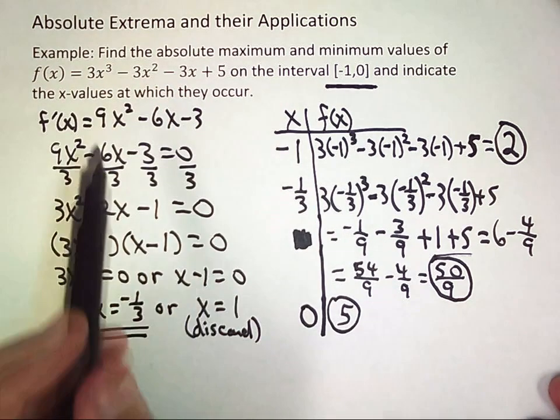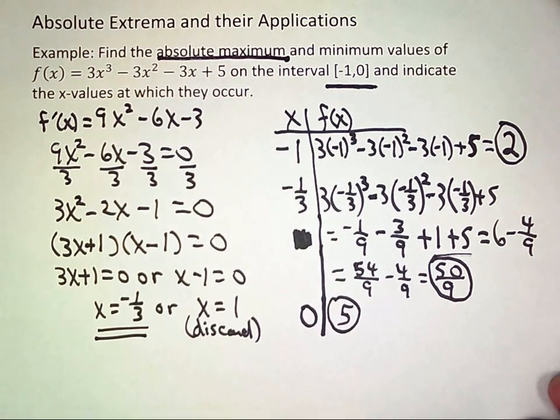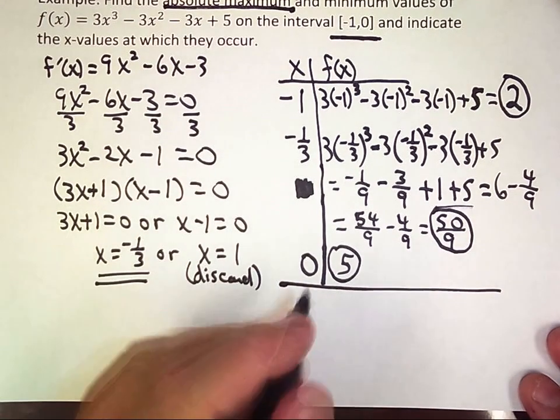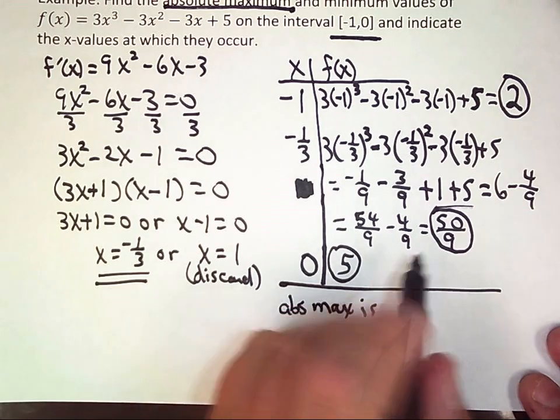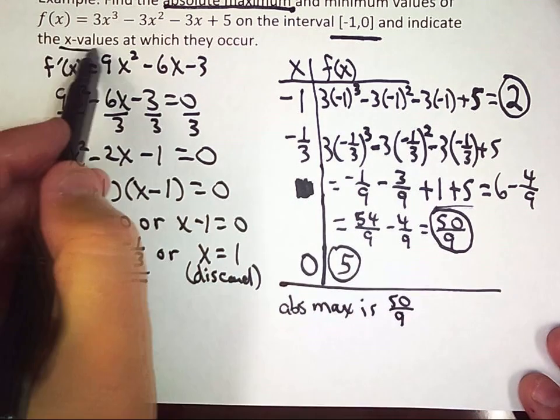So that means that the absolute maximum is 59, and it also says where it occurs.